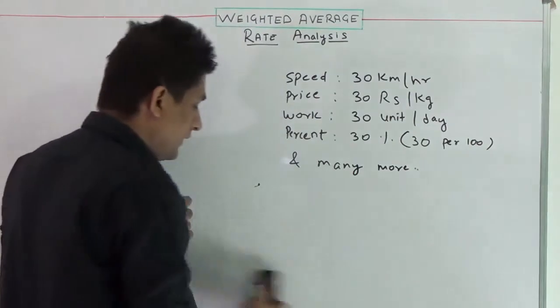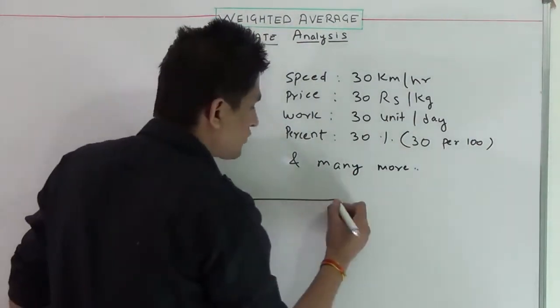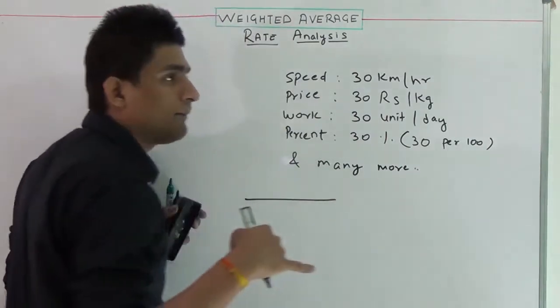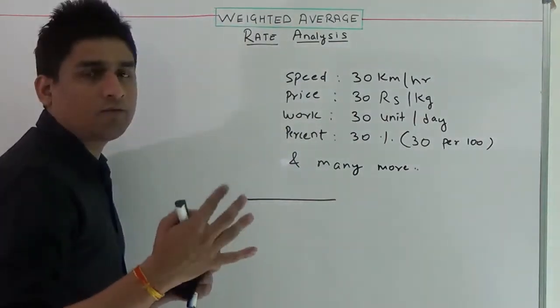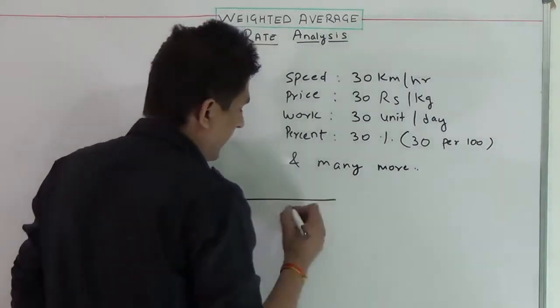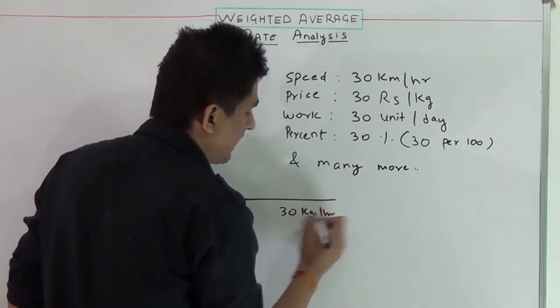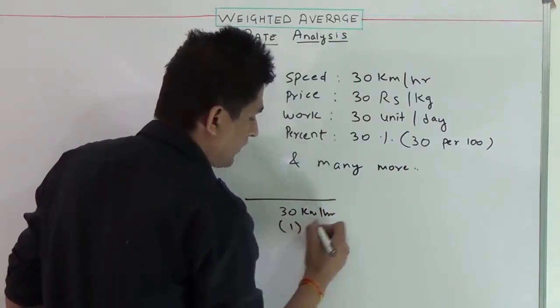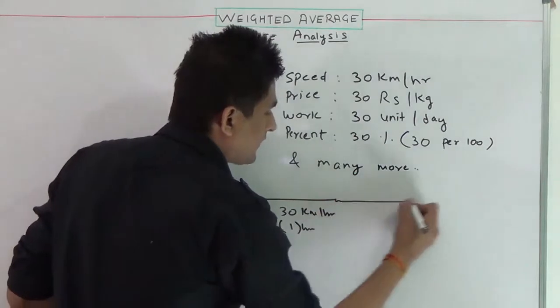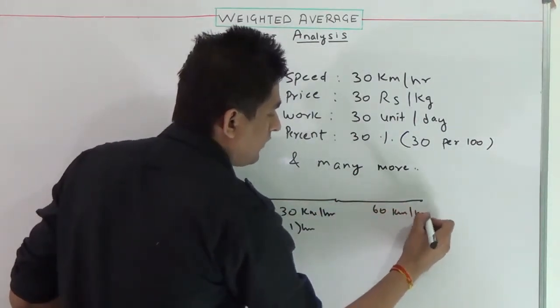Why have I taken this? Because in the previous lecture I showed you that if two average quantities are there, we cannot add them and divide by the total number of averages in order to find the average. For example, there is a bus which travels at a speed of 30 kilometers an hour for 1 hour, and again it travels at a speed of 60 kilometers per hour for 2 hours.